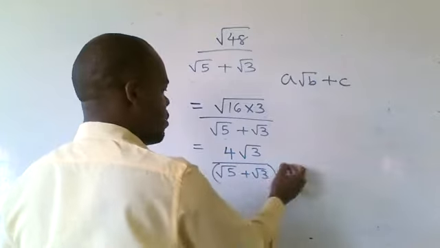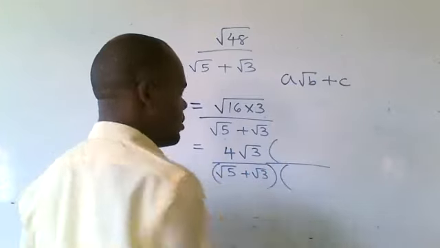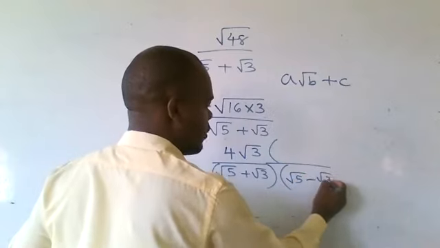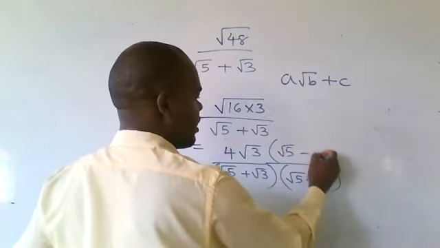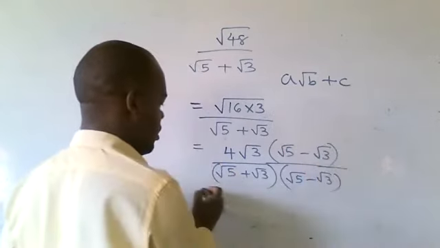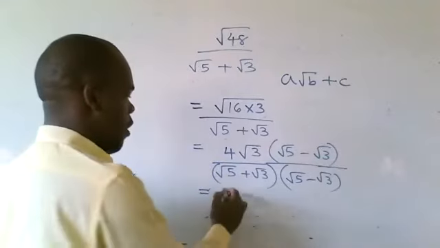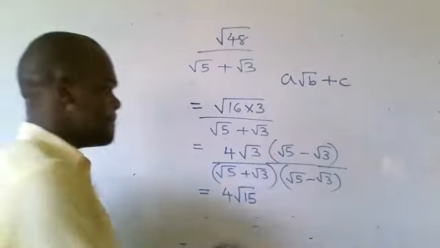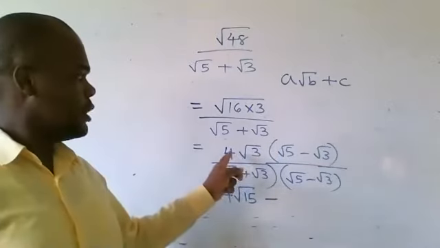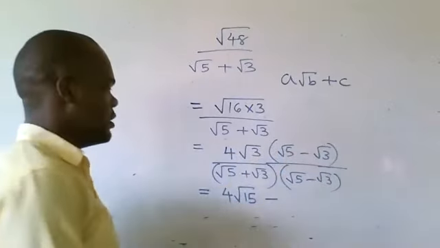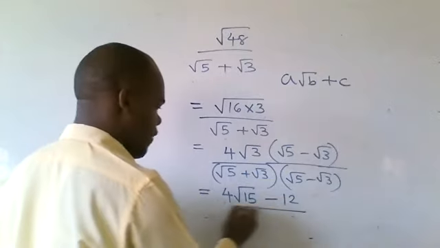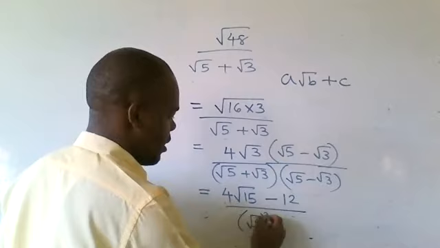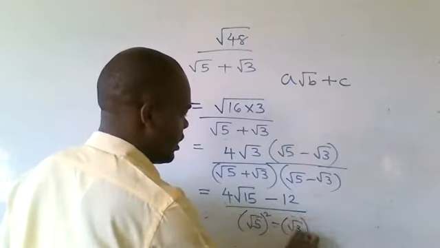Then after that, we rationalize the denominator by multiplying by its conjugate, which is square root of 5 minus square root of 3. So this comes to 4 square root of 15, then minus 4 times 3 is 12, over square root of 5 squared minus square root of 3 squared.